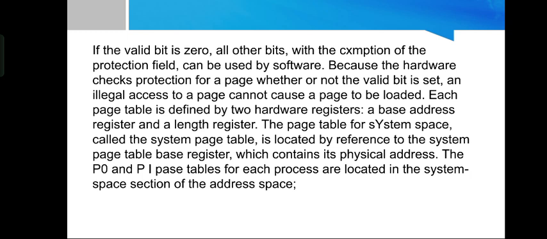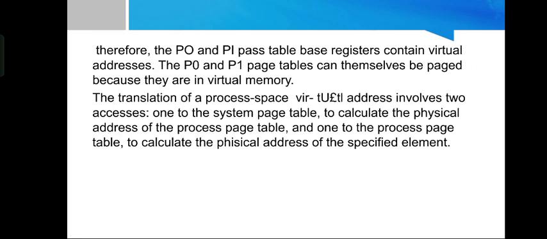The P0 and P1 page tables of each process are located in the system space section of the address space. Therefore, the P0 and P1 page table registers contain virtual addresses. P0 and P1 page tables can themselves be paged because they are in virtual memory.